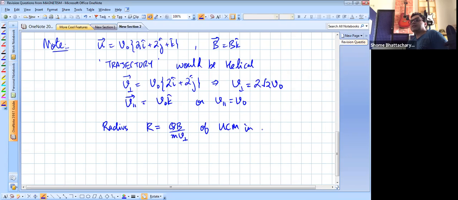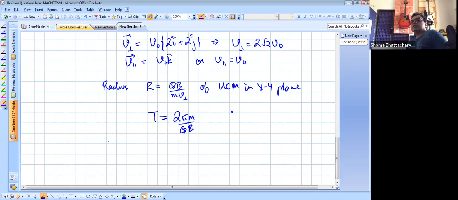Uniform circular motion in the xy plane, and time period for the uniform circular motion, whereas it also has a pitch of parallel component of velocity into time period.